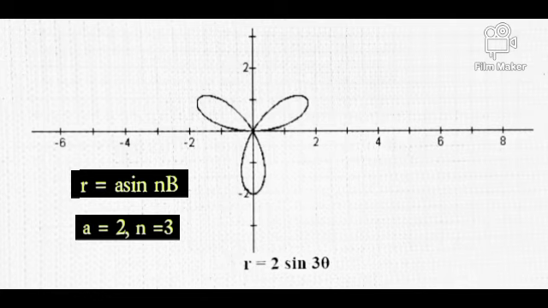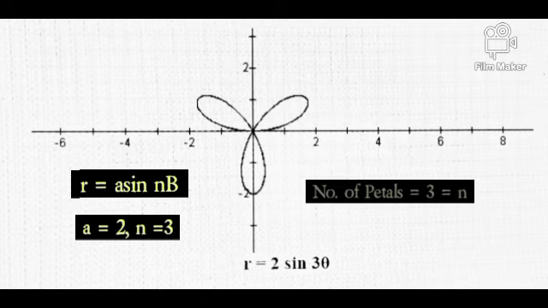And the graph of this polar equation r equals 2 sine 3b is shown in the diagram, which is a rose with 3 petals. And the number of petals 3 is equal to the value of n, 3.